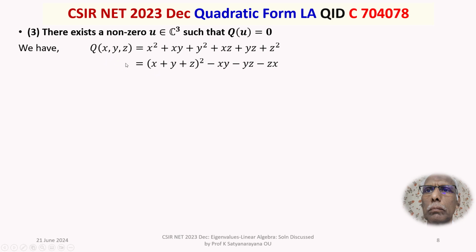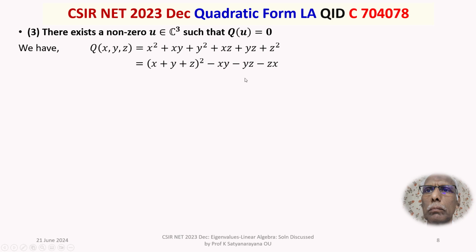X is 1, y is omega. Omega is the cube root of unity, which is a complex number. Z is omega square. So if you take that, 1 plus omega plus omega square is 0. And this is minus 1 into omega, minus omega into omega square, omega cube, that is 1, minus omega square into 1, that is omega square.